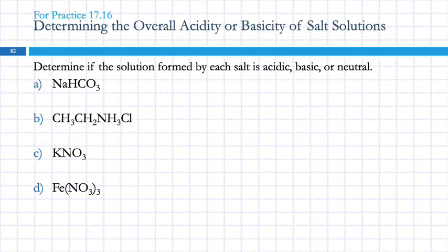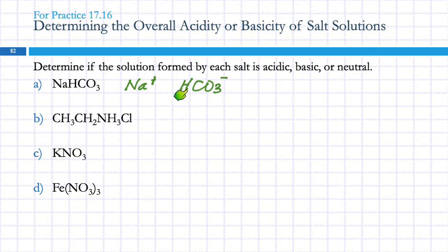So let's practice these. Determine if the solution formed by each salt is acidic, basic, or neutral. So I'm going to take this and separate it into its ions. The metal ion by itself and what's left.